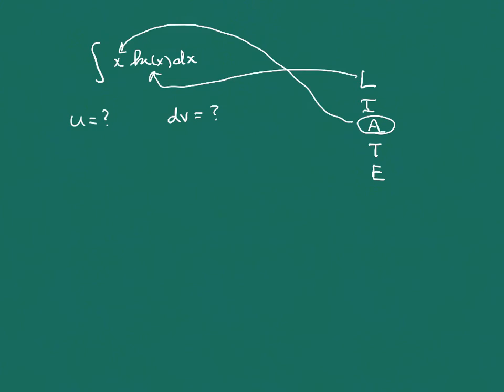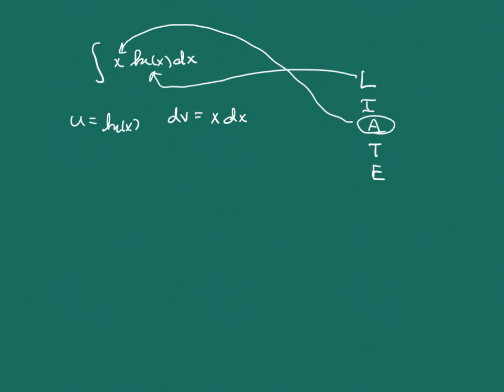Well, the logarithm is going to come first. And so what I actually want to do then, let's say that I want to make u be the natural log of x. And so dv then becomes the rest of my integrand. The rest of my integrand is x dx.